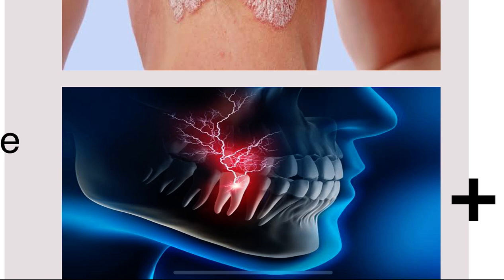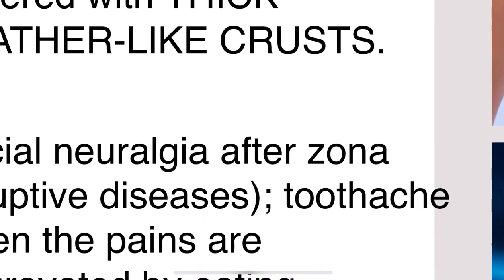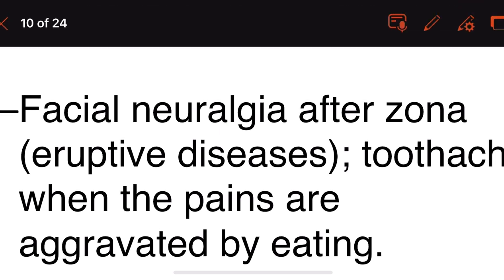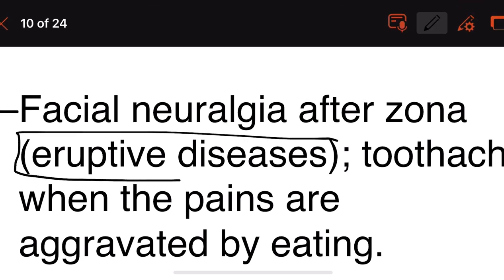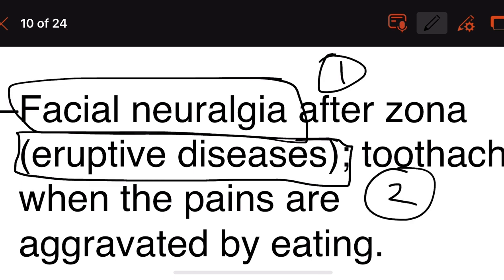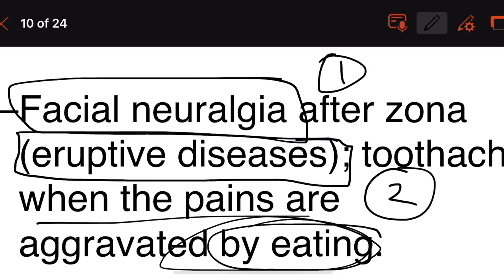Toothache will be seen, and the toothache will be aggravated by eating. You can see here the facial neuralgia is after zona, which is nothing but the eruptive diseases. The facial neuralgia is seen after zona, and we have toothache. The pains are aggravated by eating.